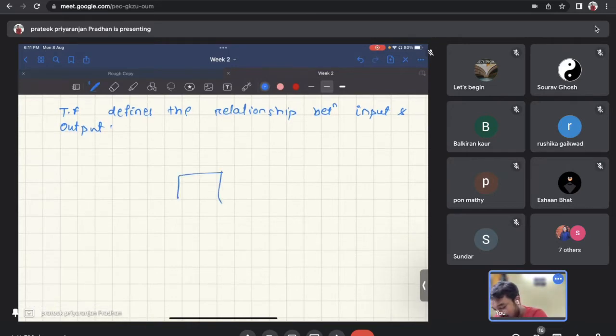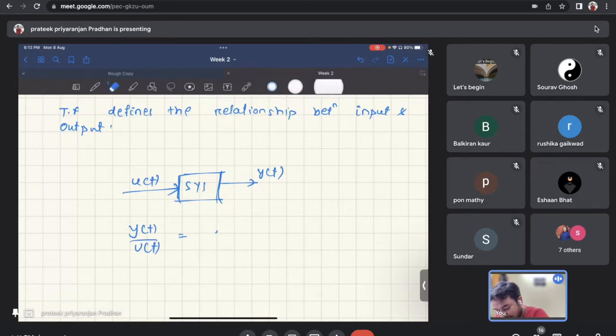Now if I have a system, I give some input u of t, I get some output y of t, then y of t by u of t will be my transfer function. And if we take the Laplace transform, y of s divided by u of s will be the transfer function of the system in Laplace domain or S domain.